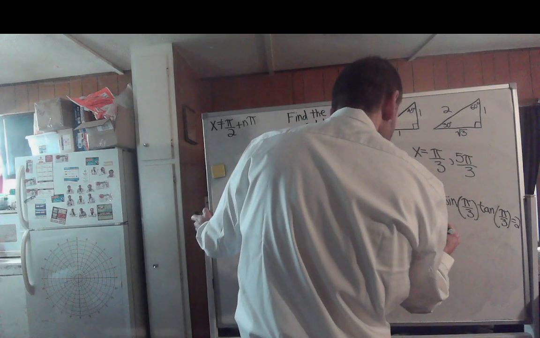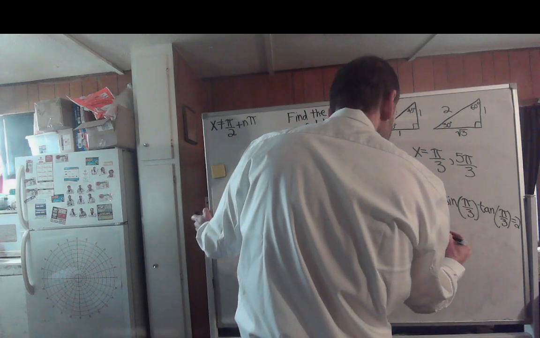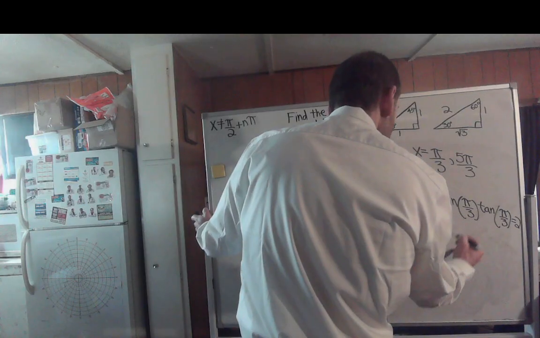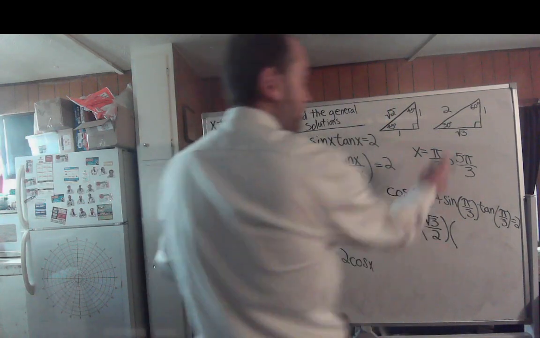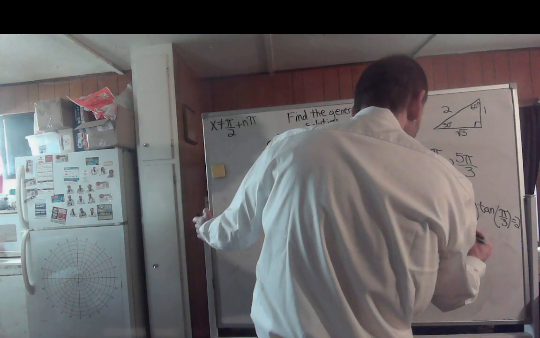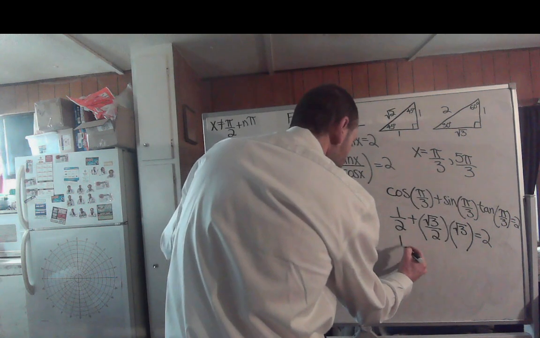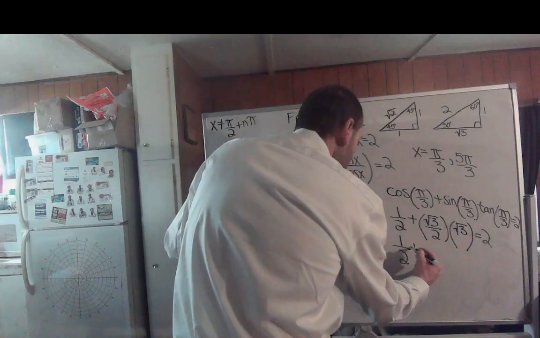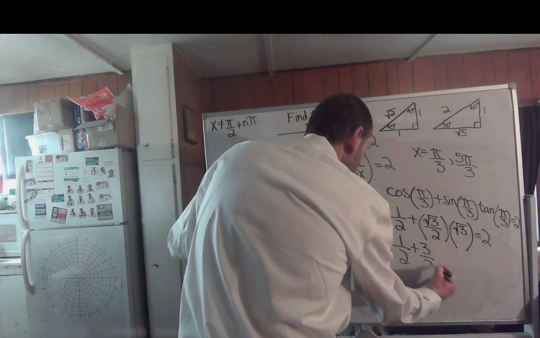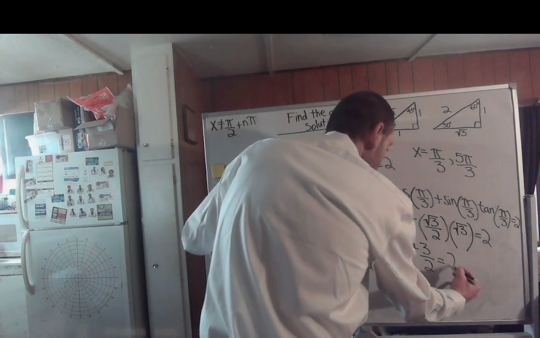That's the square root of 3 over 2 times the tangent of pi over 3, that's the square root of 3 over 1, or simply the square root of 3. Does that equal 2? Well, this would turn into 1/2 plus 3 over 2, which would be 4 over 2 equals 2. Pi over 3 checks out.